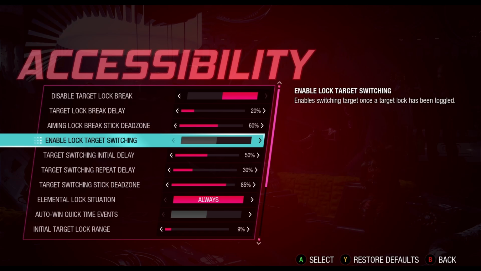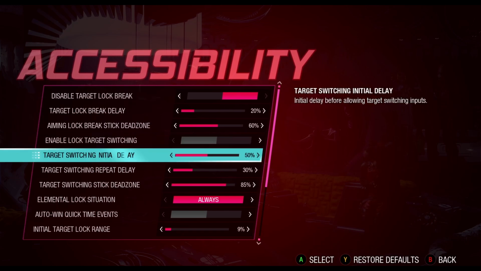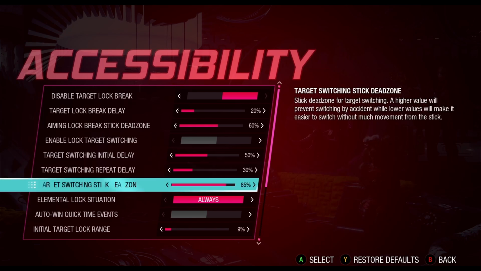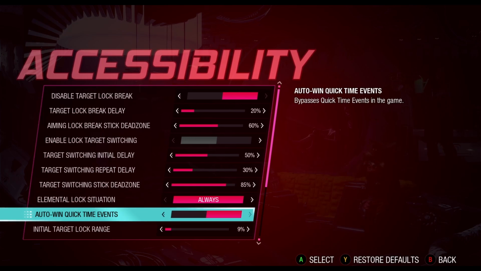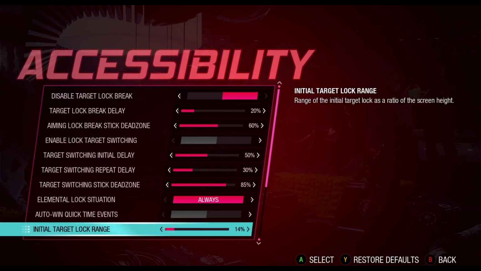I don't necessarily know what these various forms of lock-on and elemental targeting even mean. So with people that have a high need for accessibility, you have an issue because they might not understand what you're presenting them in a way that allows them to actually use the features that they might want to use.